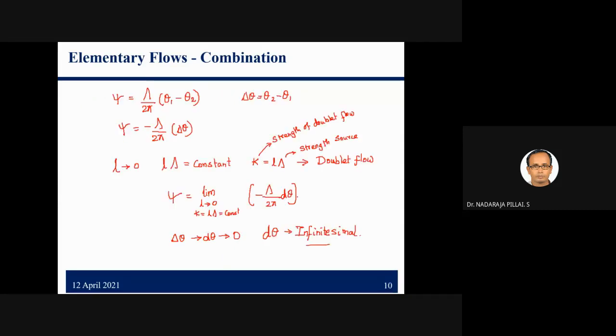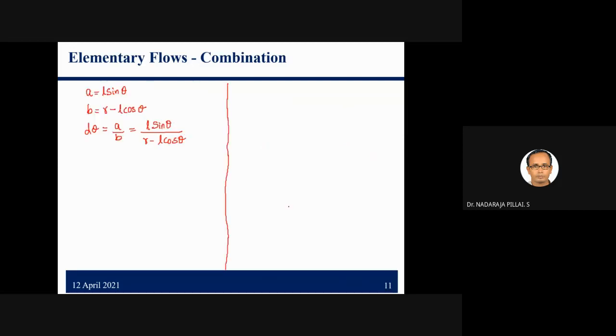So let us apply d theta in the equation for psi in the limiting case.